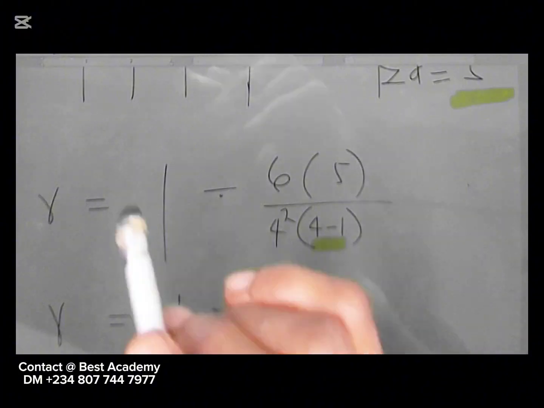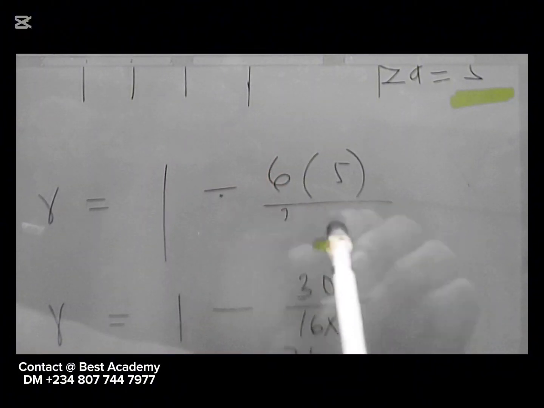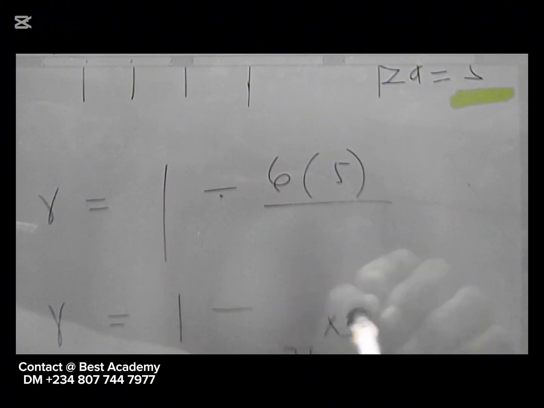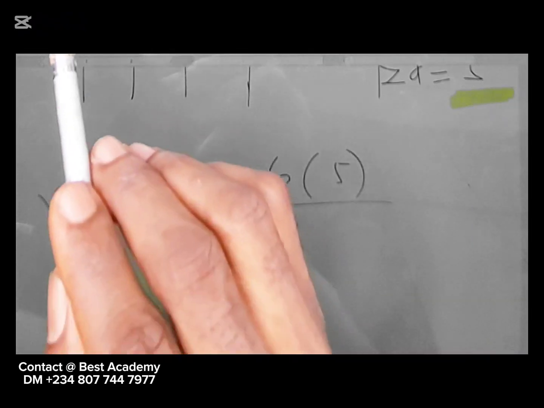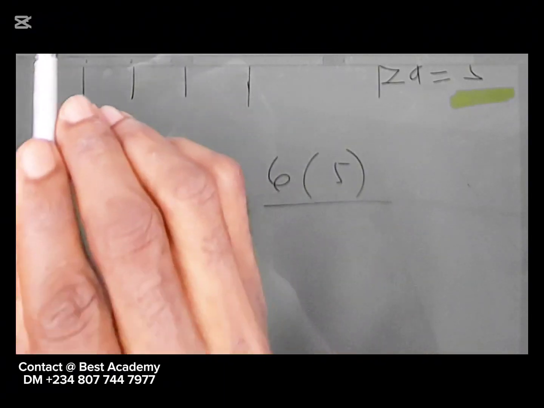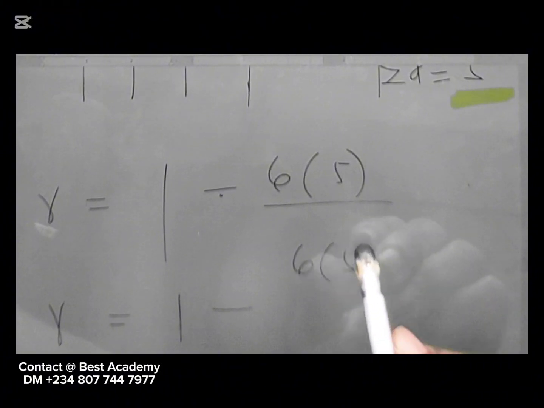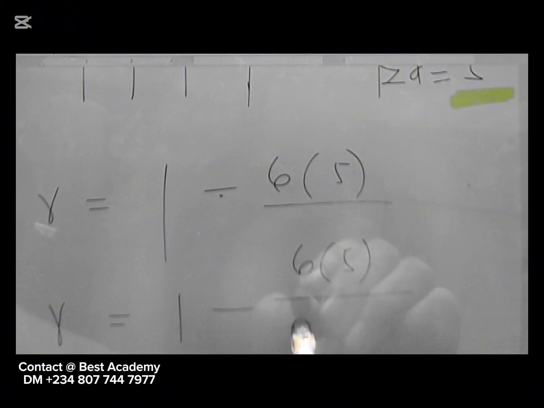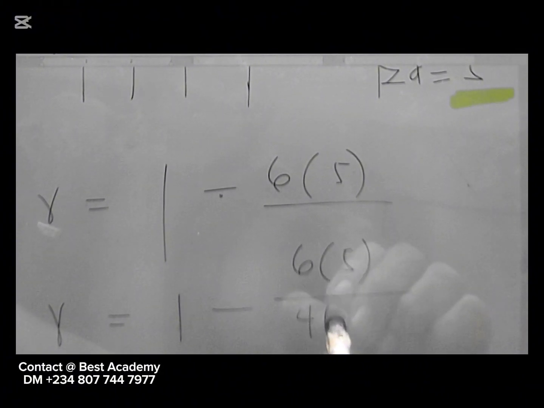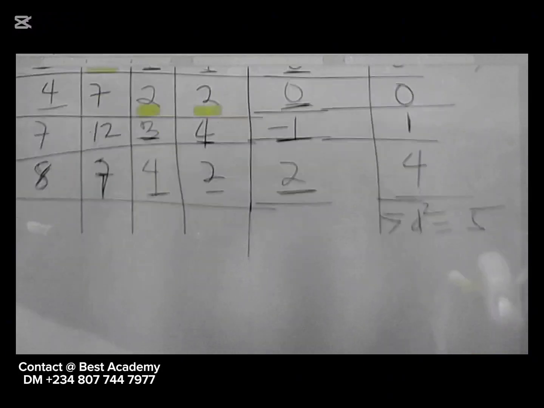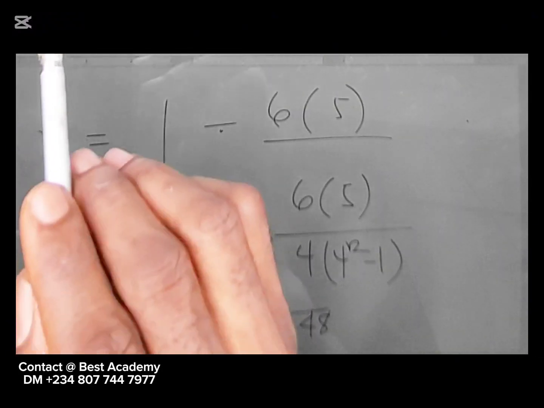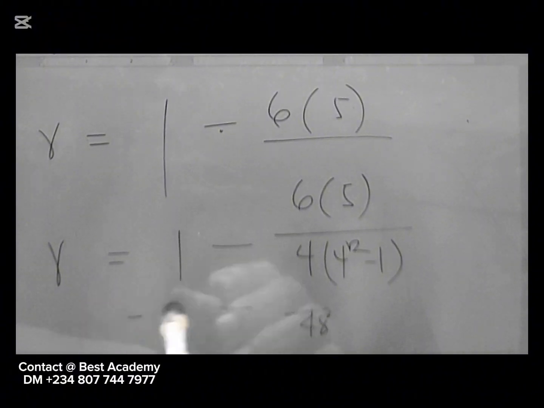So here, this is going to be 6 into 5 over n, which is 4 into 4 squared minus 1. Please take notes.